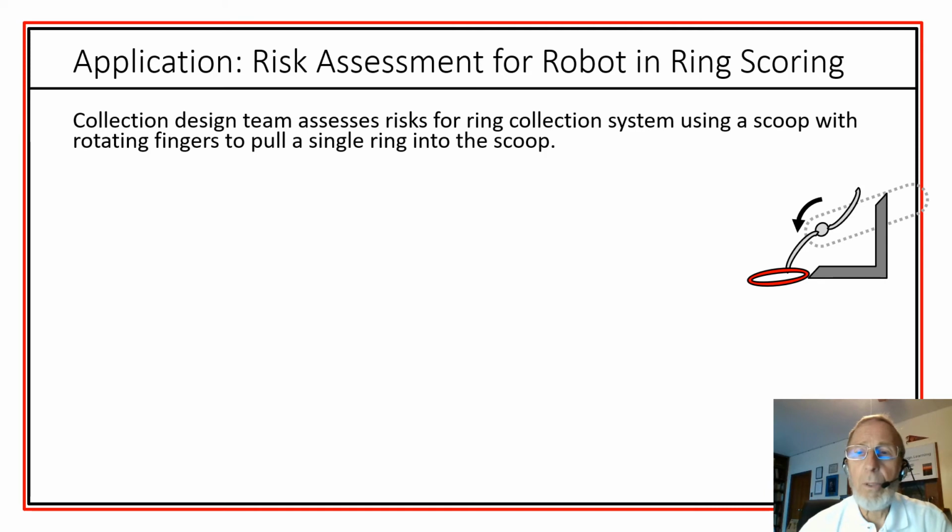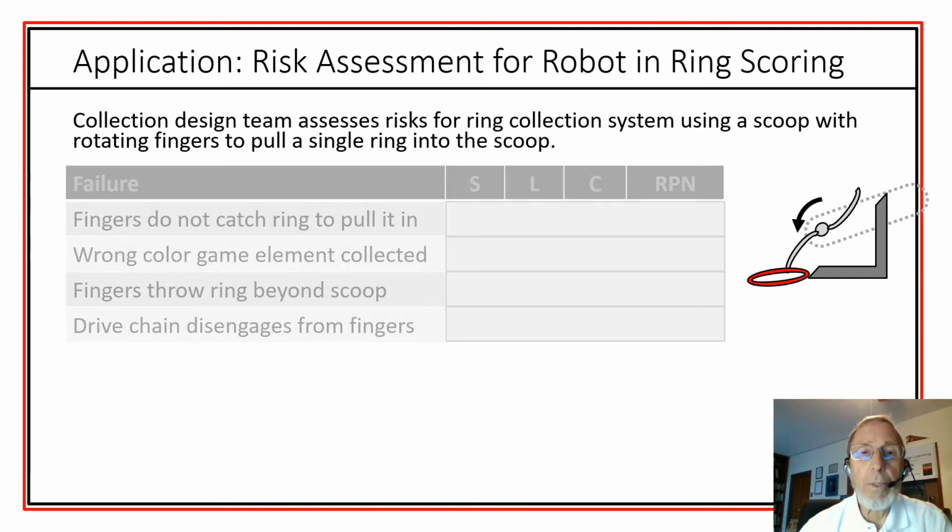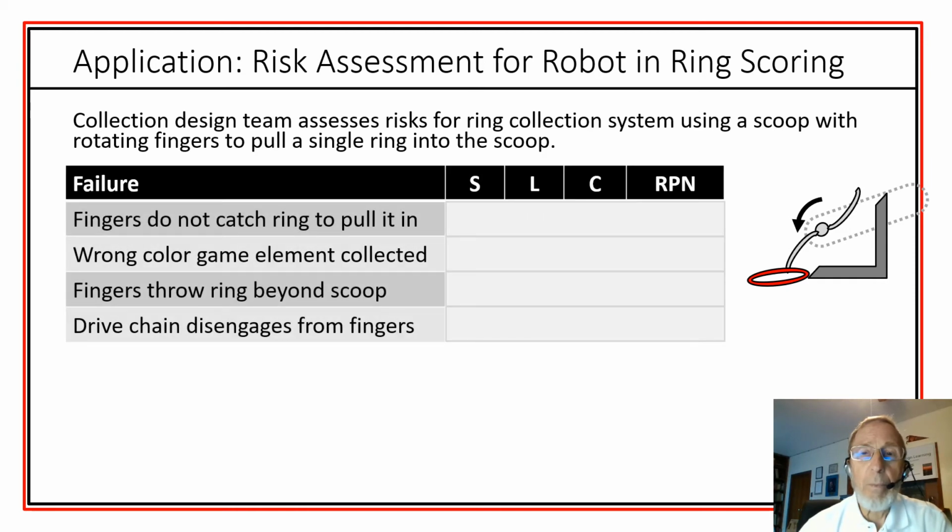So they're looking at what are the possible kinds of failures that would occur in the collection. Okay. Maybe they've come up with a list of possible failures. Here I've identified 4 that might be among those that they would consider. So for each of these, you'd want to assign a score for the severity, the likelihood, and control.